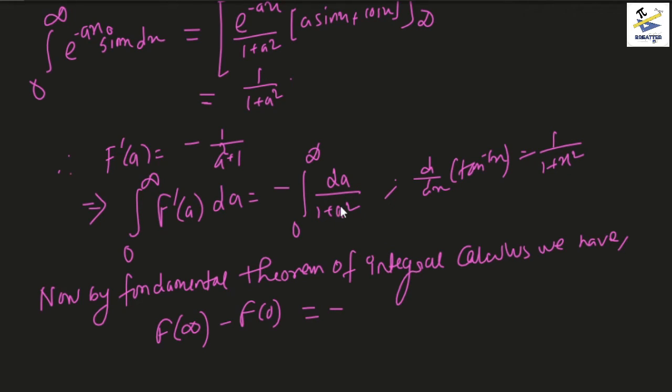So 1 by 1 plus a square will have an antiderivative which is tan inverse of a.